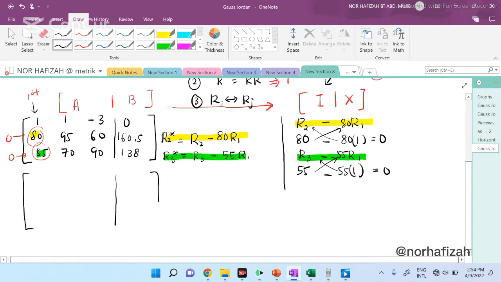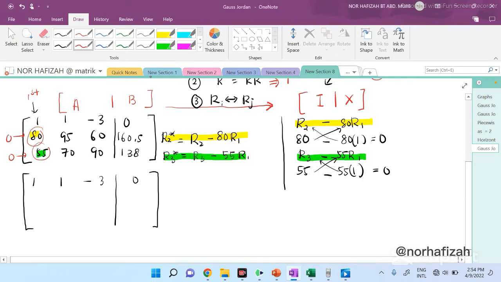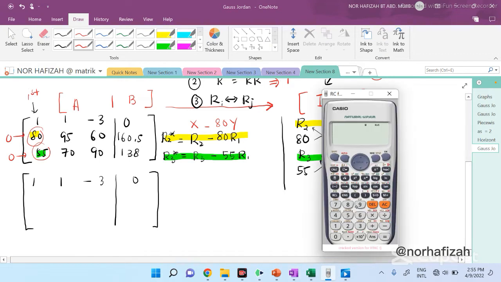Now, the first row, we didn't do anything, so we just rewrite it back, with 0 here. For the second row, take the calculator. We're going to calculate R2, which becomes X minus 80 Y. Press calculate: X is the row 2 element, 80, so 80 minus 80 times the Y value, which is 1, gives 0.